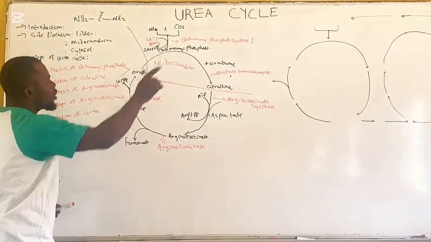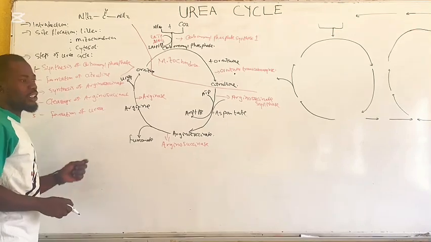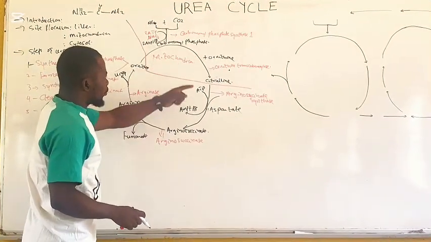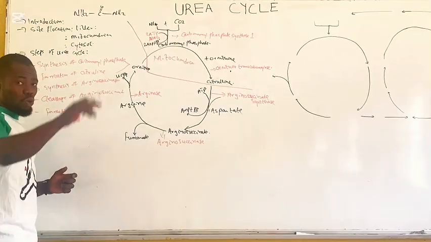Ornithine will now enter the mitochondria again, where it will combine with carbamoyl phosphate to form citrulline. So ornithine in this case serves like a catalyst, because it will enter the reaction and come out. The ornithine enters the mitochondria through the ornithine transporter, and the cycle continues.